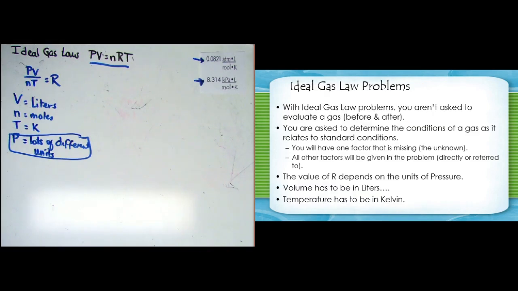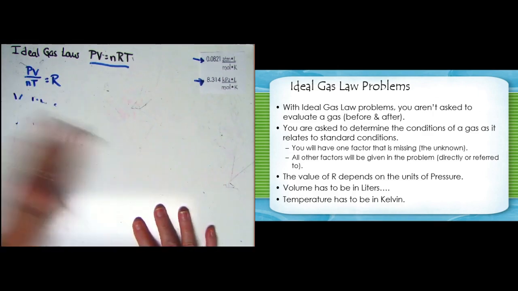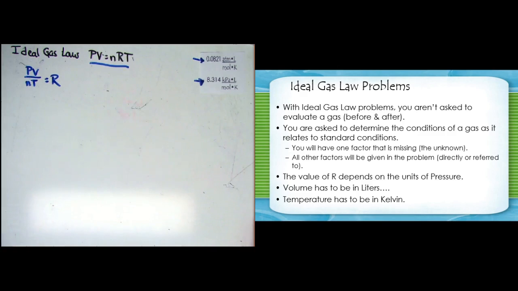All right, so let's think about some ideal gas law problems and how they work. I'm going to work a couple of these. I'm not going to take a lot of time because I do not want this to be a really long video for you. With ideal gas laws, we're not considering how pressure, volume, temperature, or moles change from a before to an after.